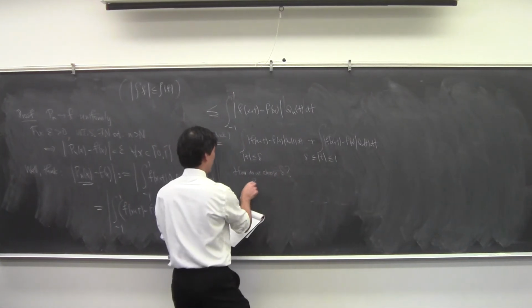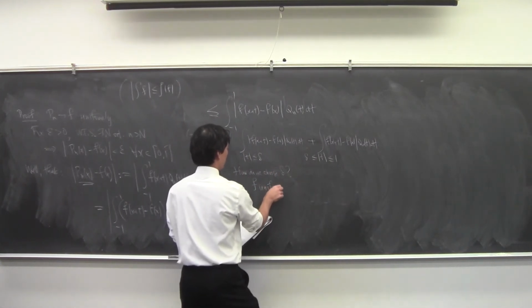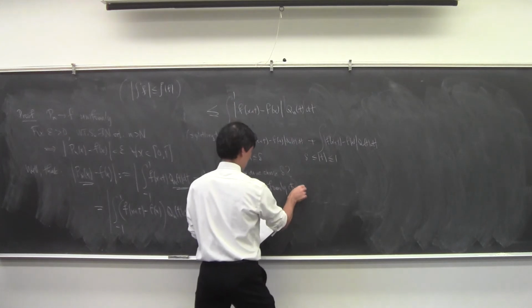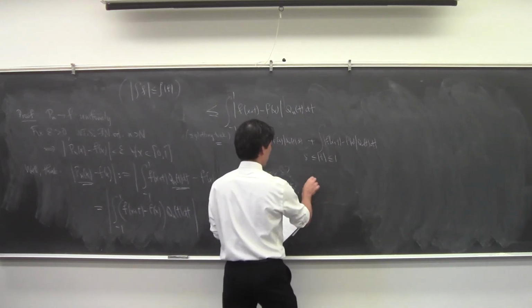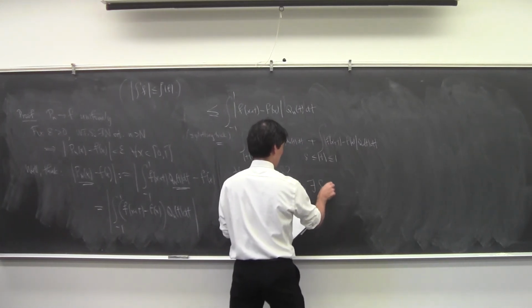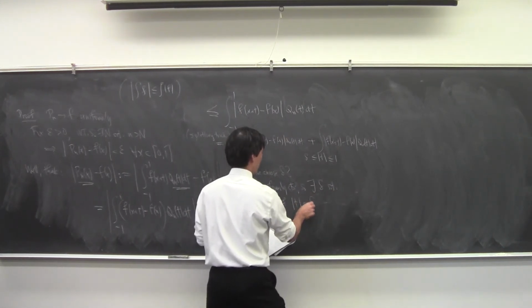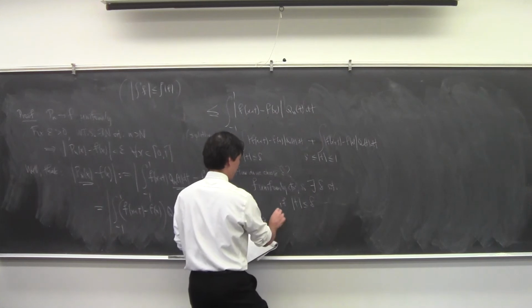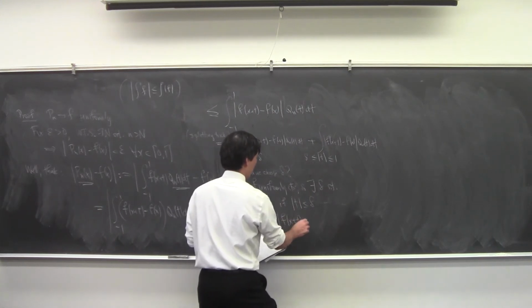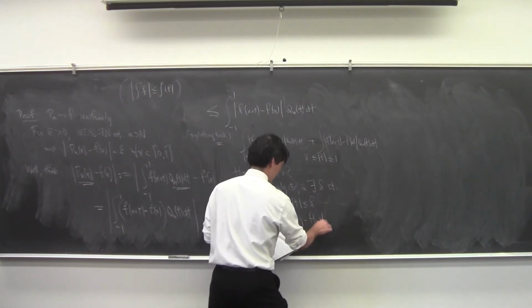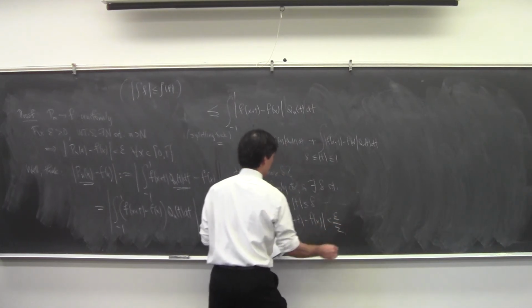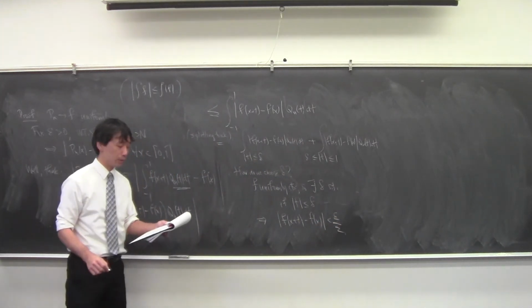Well, f is uniformly continuous, so there exists a delta such that if the absolute value of t is less than delta, then f of x plus t minus f of x is smaller than epsilon over 2. That's the delta we're going to use.